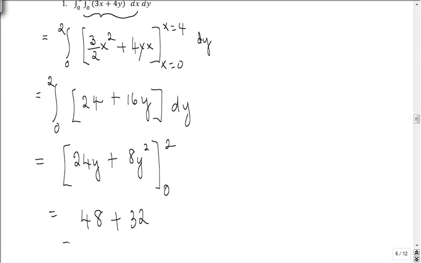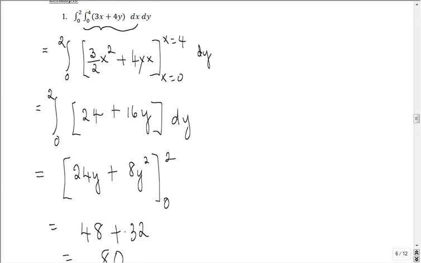And 0 gives us 0, so the answer is 80. So what this means is that the volume of the solid under this function 3x plus 4y over the rectangle defined by 0, 2, and 0, 4 is 80. That's what that means, the volume.